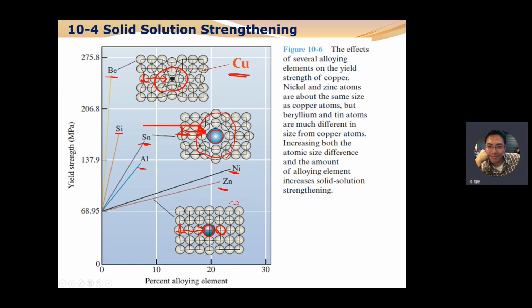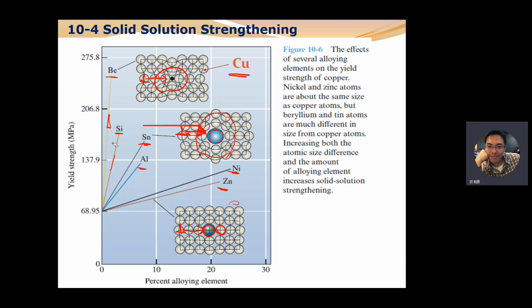So if we do the tensile test of different alloys, and the atomic radius has a huge difference, we can find out the Young's modulus has a huge difference, right? You can see the slope. Oh, sorry, I'm wrong.